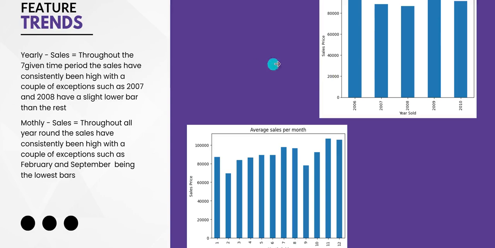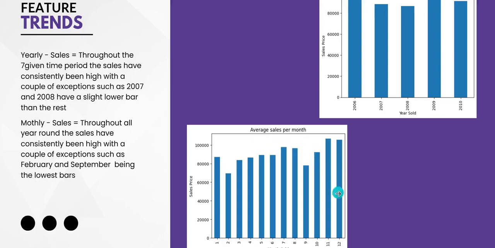Now we can see some of the trends. In this graph that I'm pointing at right now, it's the average sales per year, right? And we can see that overall, the houses were sold quite a lot on average. A lot of houses were bought in 2009 and 2010.